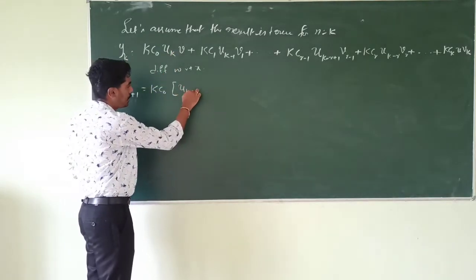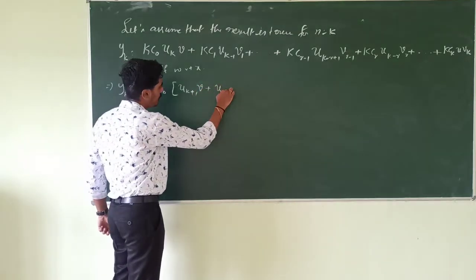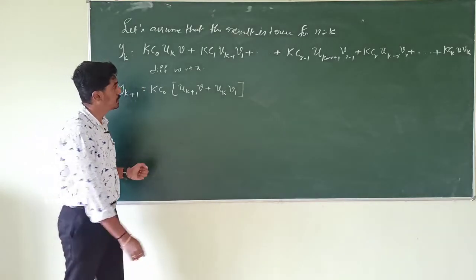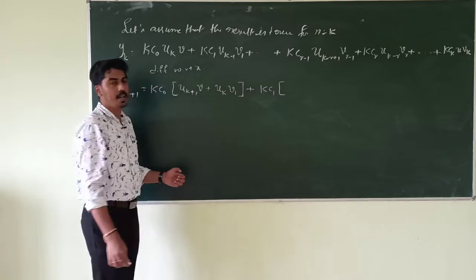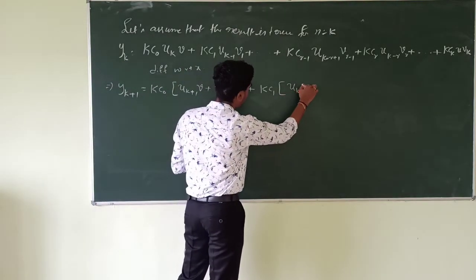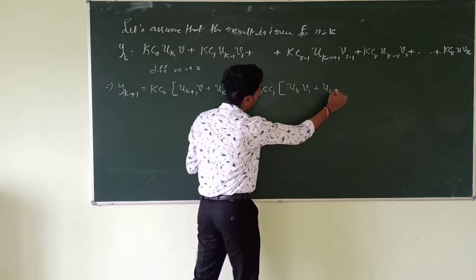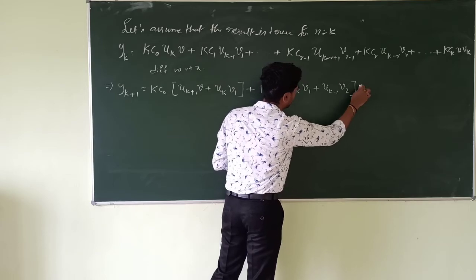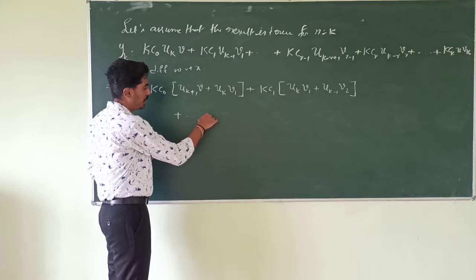I get uk plus 1 v plus uk v1, plus kC1 into, differentiating this product, I get uk v1 plus uk minus 1 v2, plus and so on.